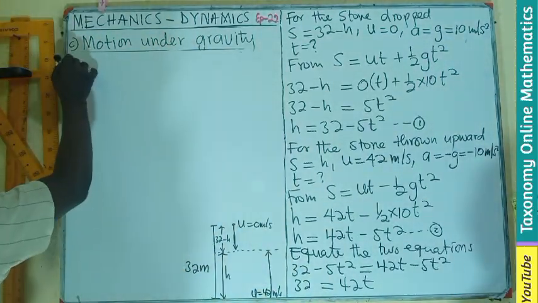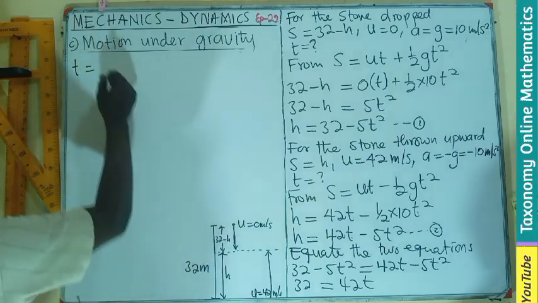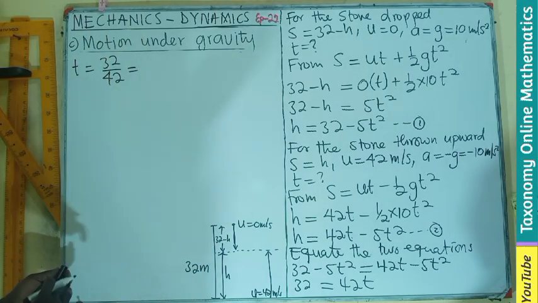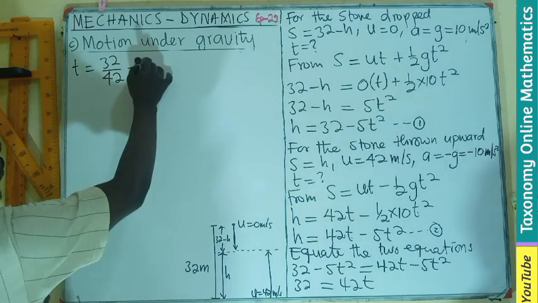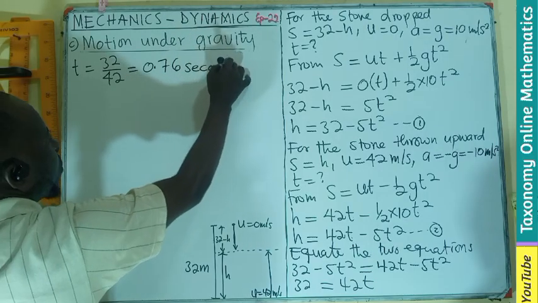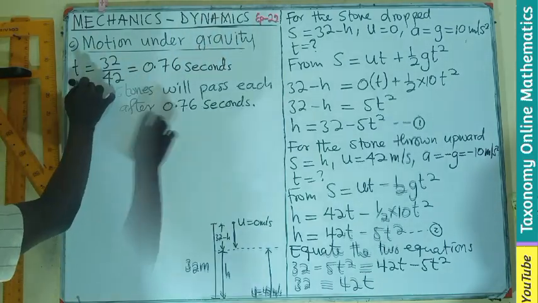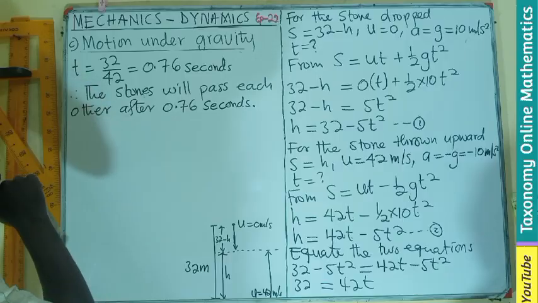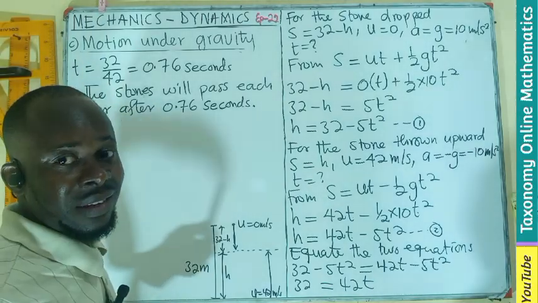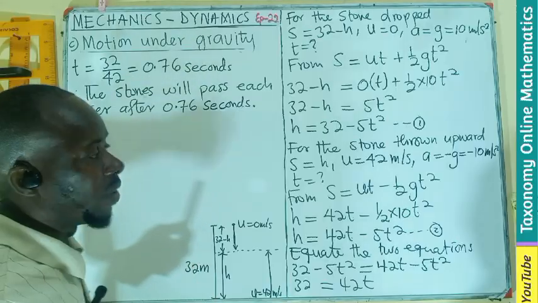We only pick our t equals 32 divided by 42. That will give you 0.76 seconds. So by conclusion, the stones will pass each other after 0.76 seconds. That is the second part of the question.